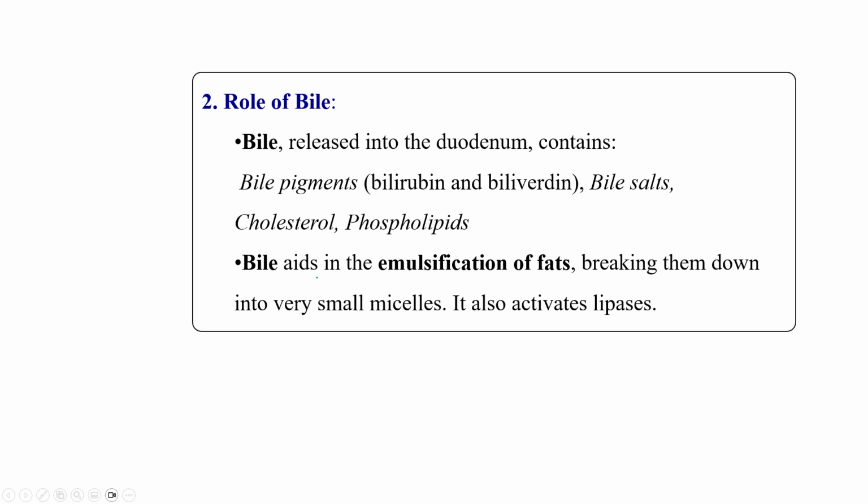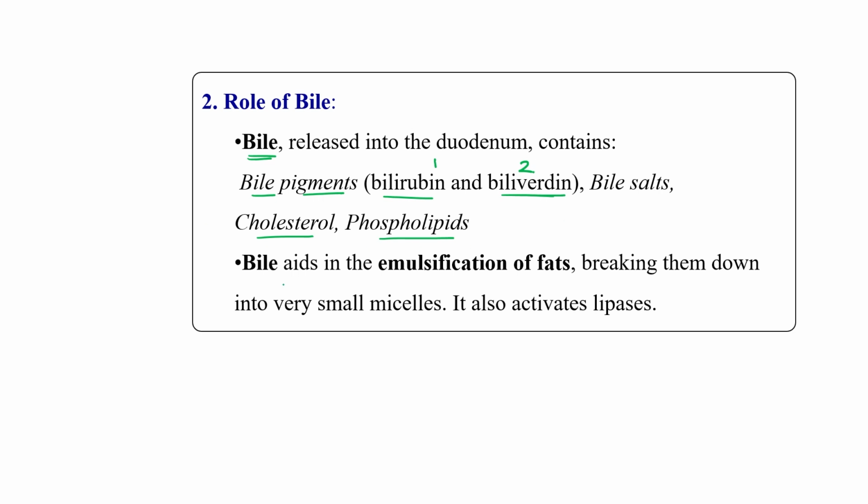Okay, now what is the role of bile? Bile is also released in the duodenum region. Bile pigments like bilirubin and biliverdin, bile salts, cholesterol, and phospholipid are the components present in the bile juice. Two pigments, bilirubin and biliverdin, bile salts, cholesterol, and phospholipid are collectively known as bile.